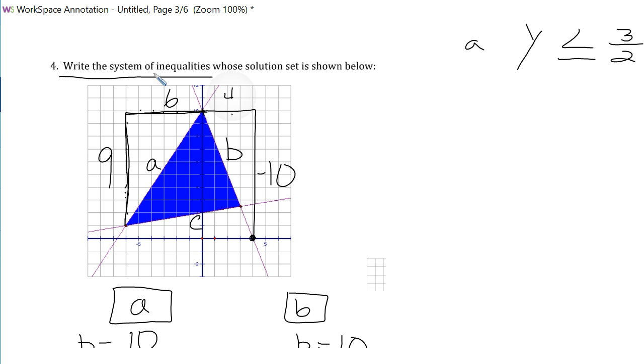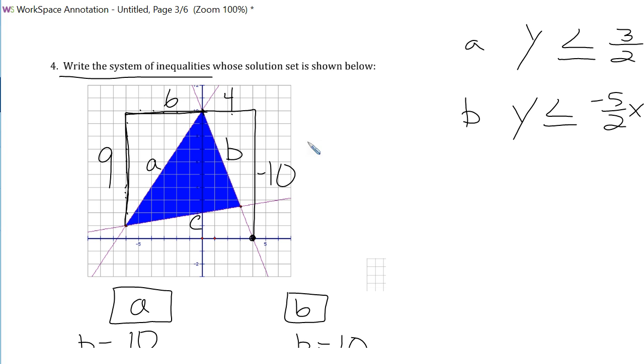So it's going to be negative 10 over 4, which is negative 5/2. So the equation of the line is y equals negative 5/2 x plus 10. Again, we want all the points that are below that line. So B is going to be y is less than or equal to negative 5/2 x plus 10.